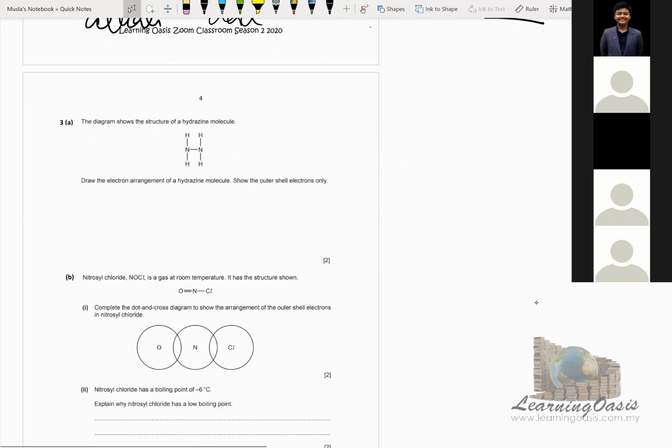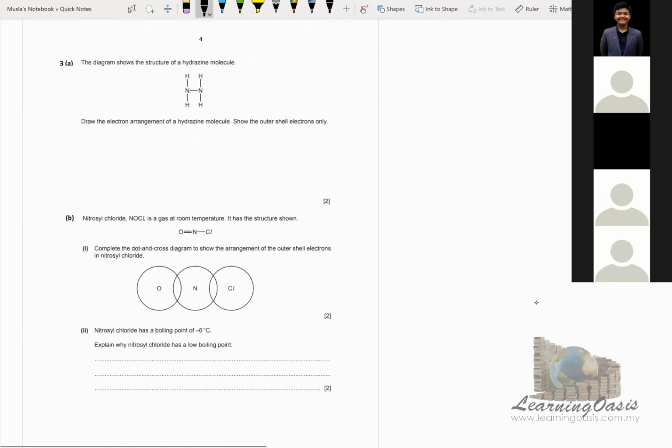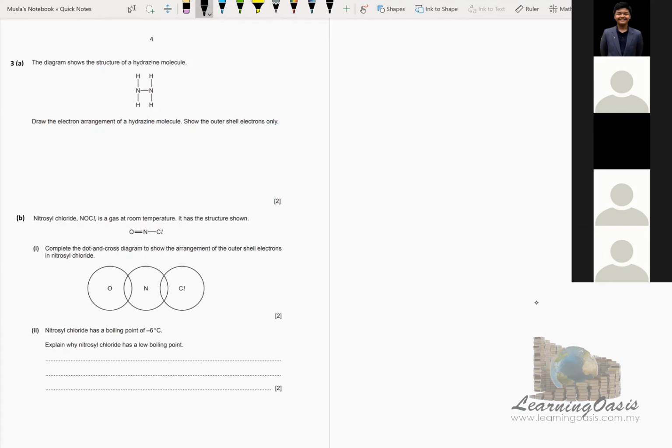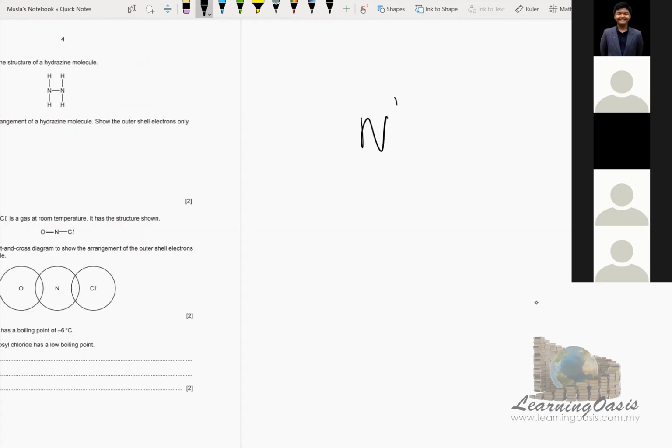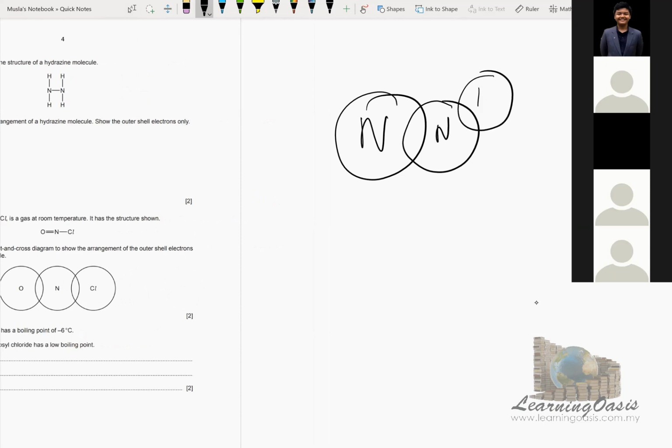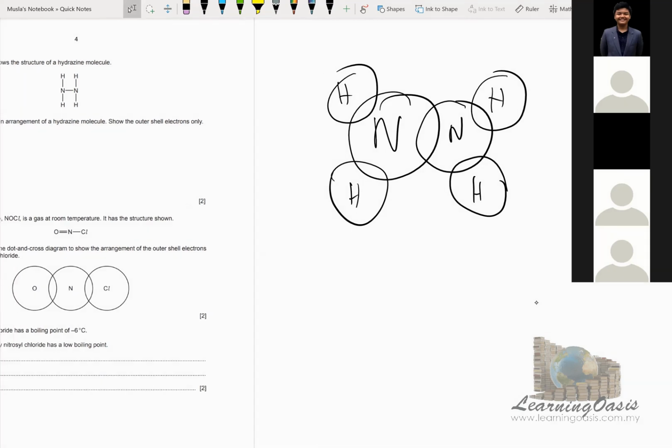Okay, hydrazine. The diagram shows the structure of a hydrazine molecule. Okay, now, a quick one, 2 minutes. Start. How do you do it? Nitrogen, hydrogen, hydrogen, and hydrogen. Okay, nitrogen, which group? 5.